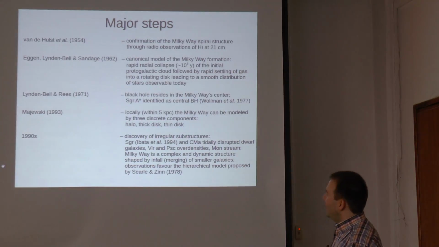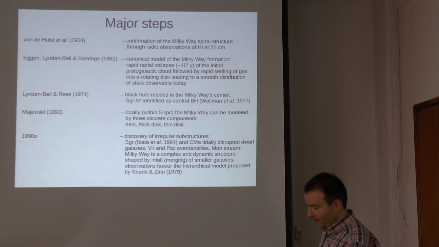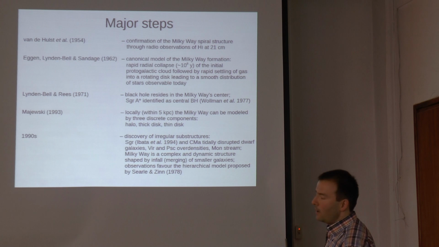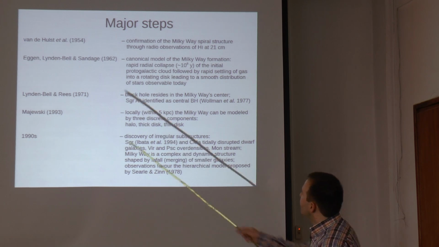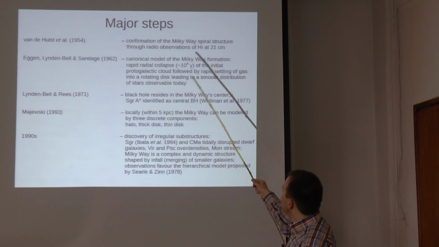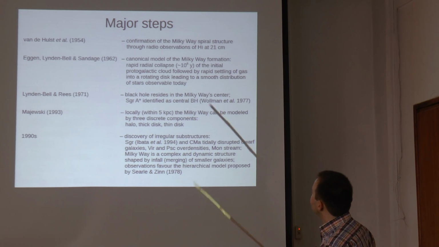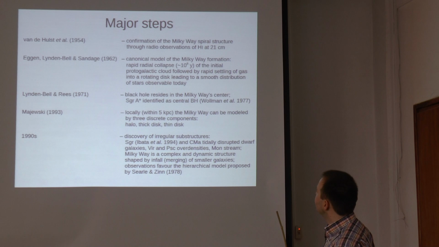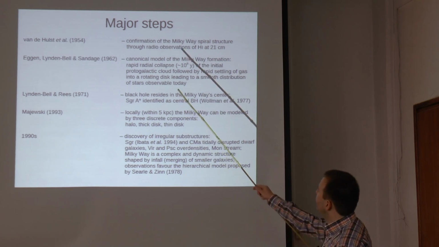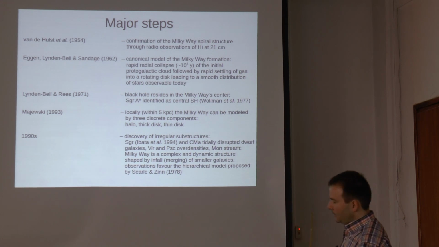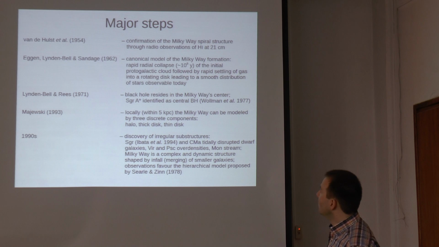Okay, and now a short history of solving the puzzles in the last about 50 years. In the 50s, after radio observations of neutral hydrogen at 21 centimeters, we were sure that the disk of the galaxy is spiral.